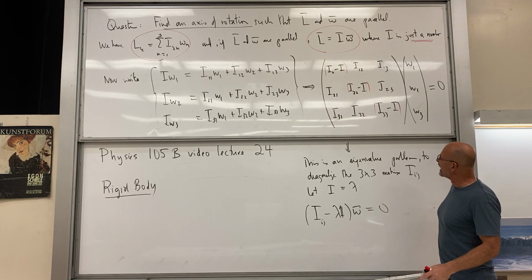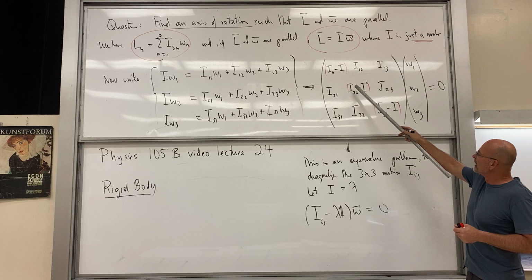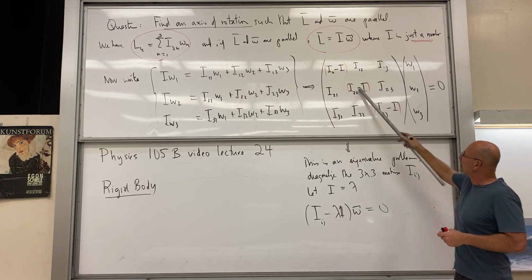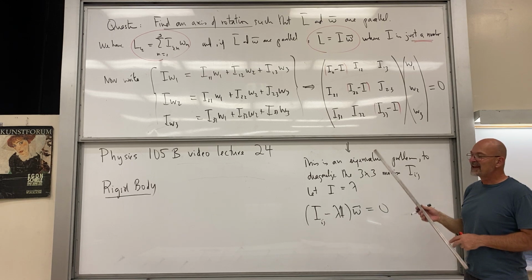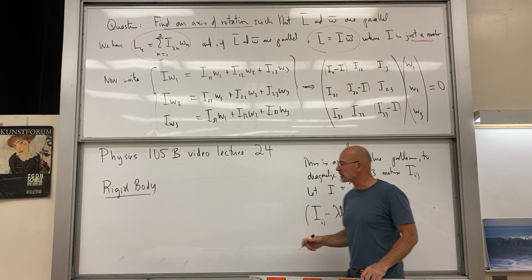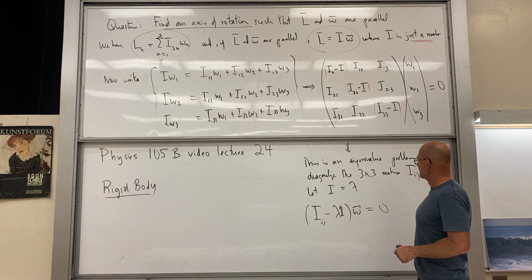So the eigenvalues, if you go ahead and diagonalize it, will give you your principal moments of inertia, and the eigenvectors will give you the principal axes that go along with those eigenvalues, with those principal moments.